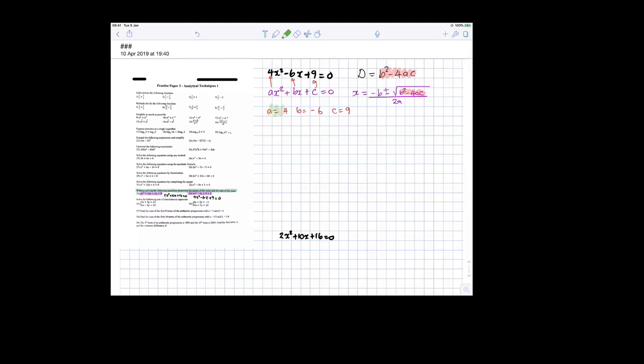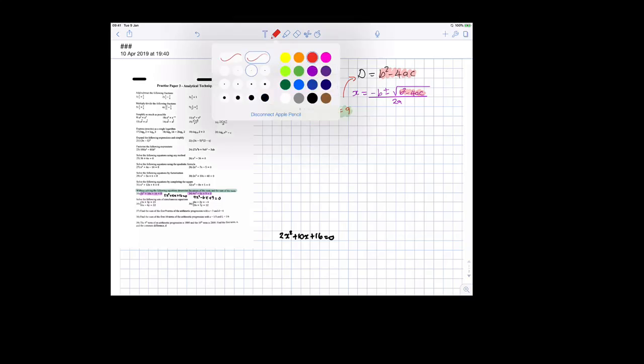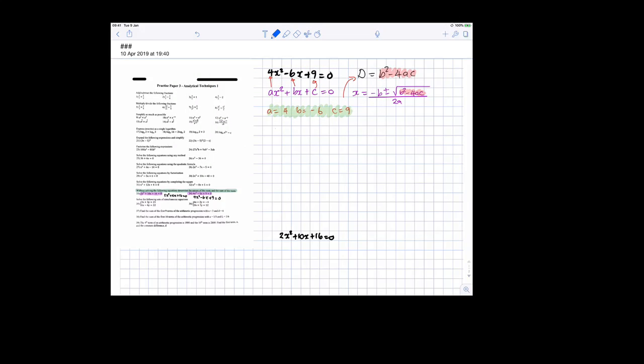Okay, now that we have these values for a, b, c, we're going to place them in the determinant. So determinant D equals b squared minus 4ac, which means D in this case is b squared, which is minus 6 squared, minus 4 times a, which is 4, times c, which is 9.